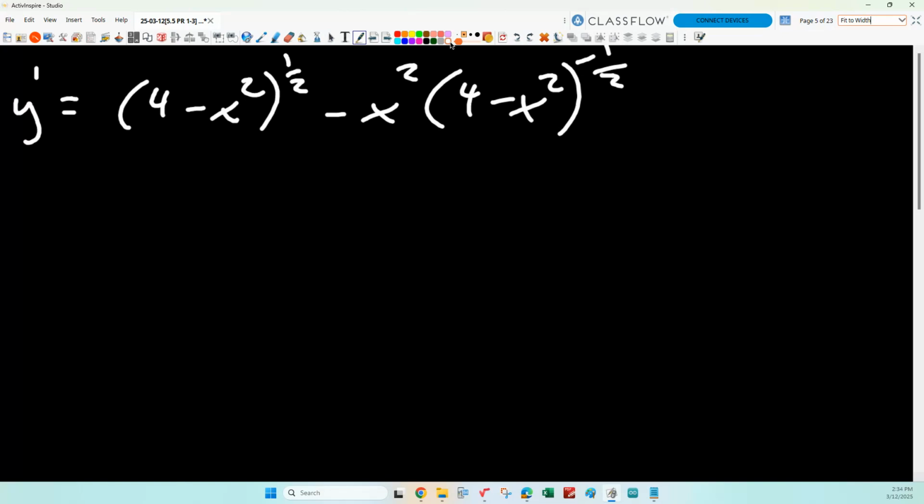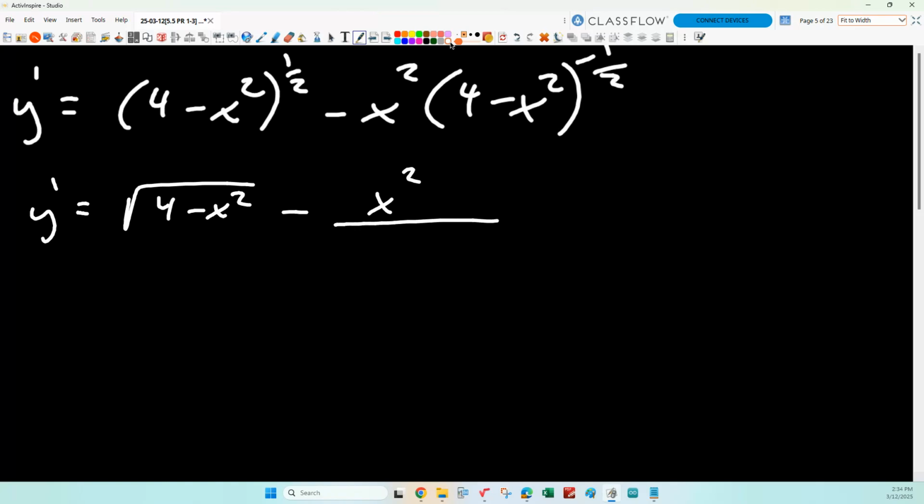That's fine. Square root of 4 minus x squared minus x squared over, I get a negative 1/2, so over the square root of 4 minus x squared.